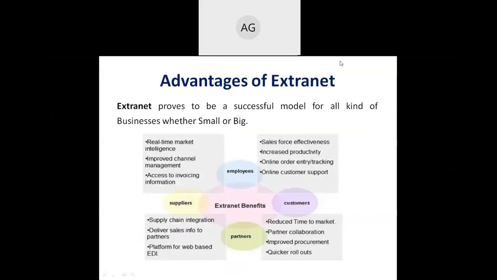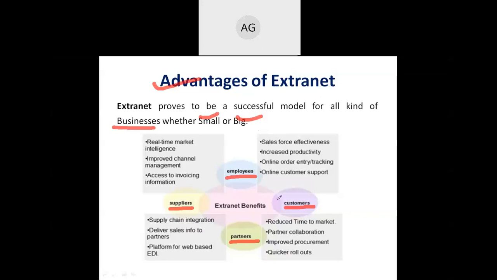Now the next topic is advantages of the extranet. The extranet is a successful model for all kinds of businesses, whether small or big. There are certain benefits of the extranet, and these benefits are categorized in terms of employees, customers, partners, and suppliers.